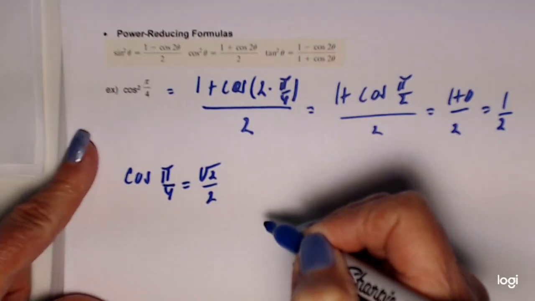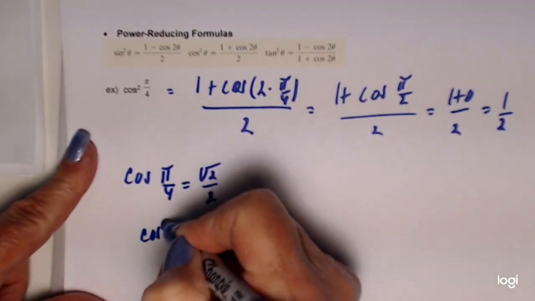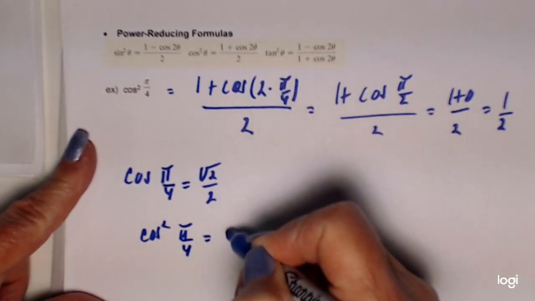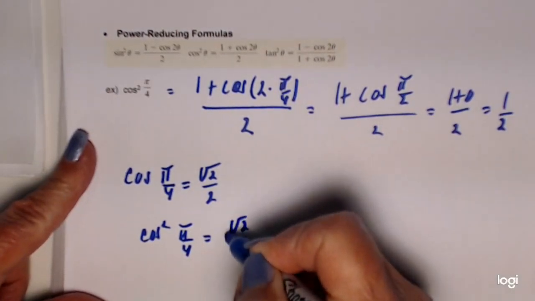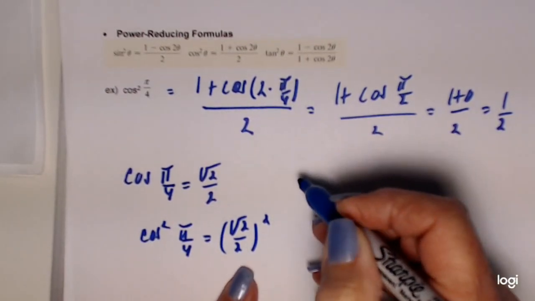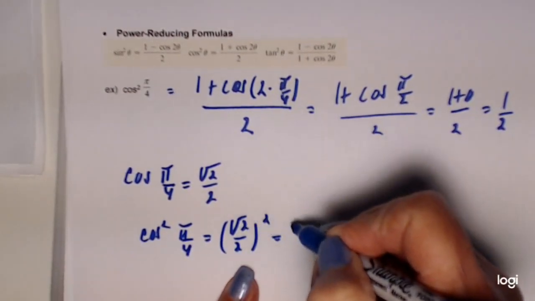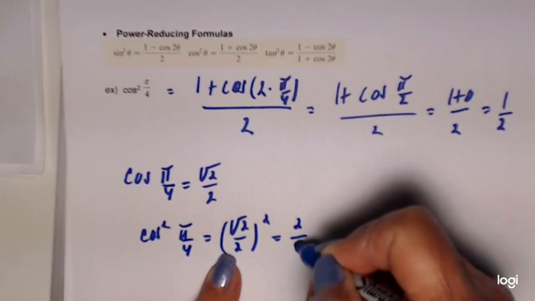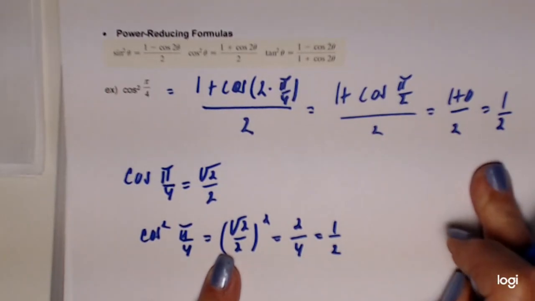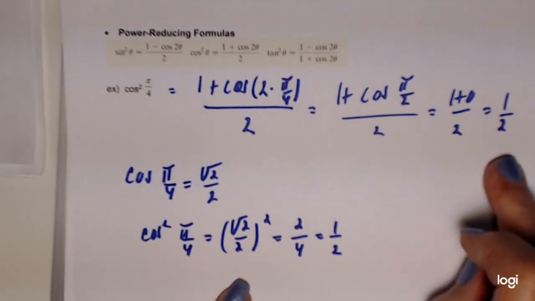And so the cosine squared of pi over 4 would just be square root 2 over 2, squared. Square root 2 squared is 2, 2 squared is 4, and this reduces to 1/2, which is the same information we got from using the formula.